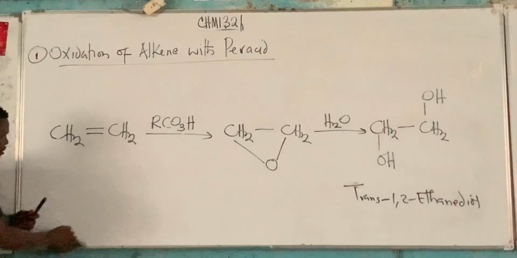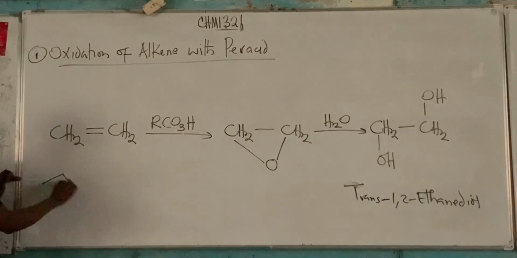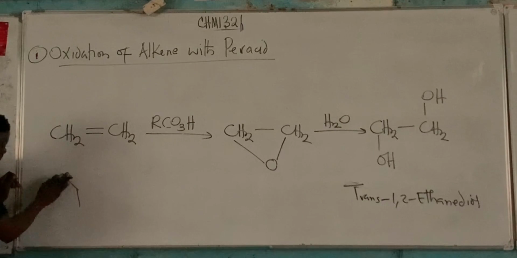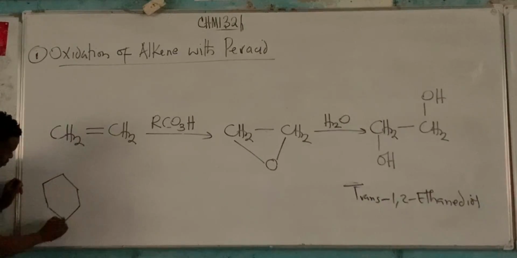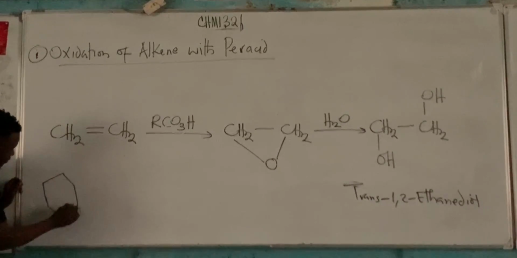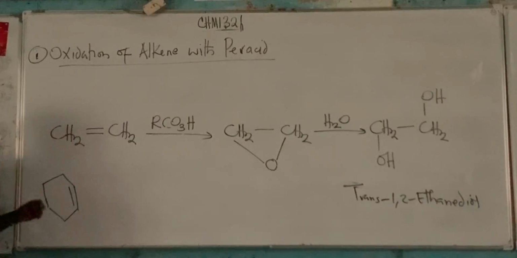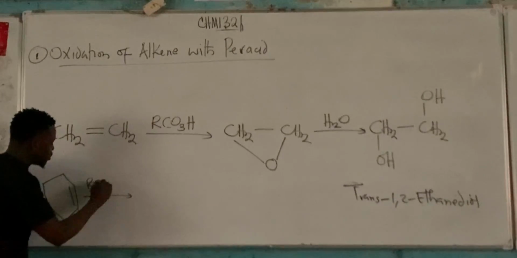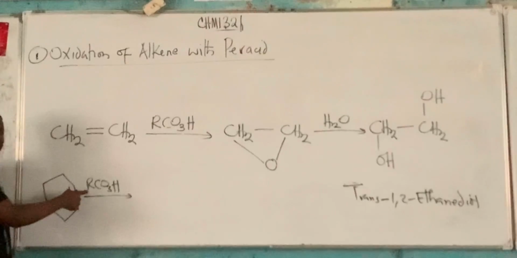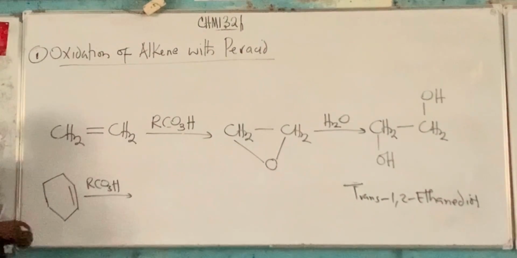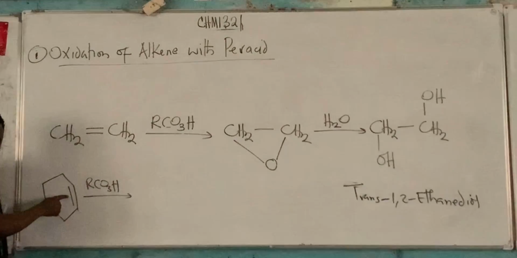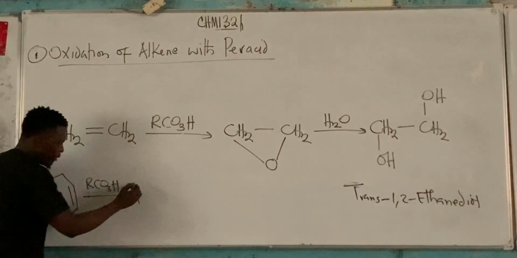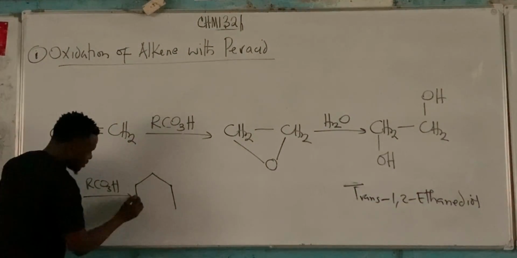Now, I'm only interested in the two carbons of the double bond. What does this mean? It means they can even choose to give me something like this, with RCO3H. Bear in mind that this R can be CH3, any alkyl group, or whatever the case may be. All I'm interested in is just this double bond here. Some persons start panicking when they see something like this.